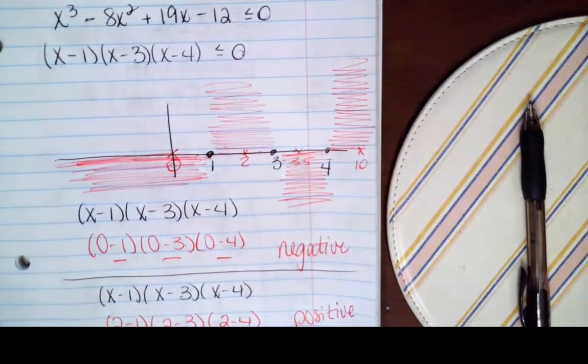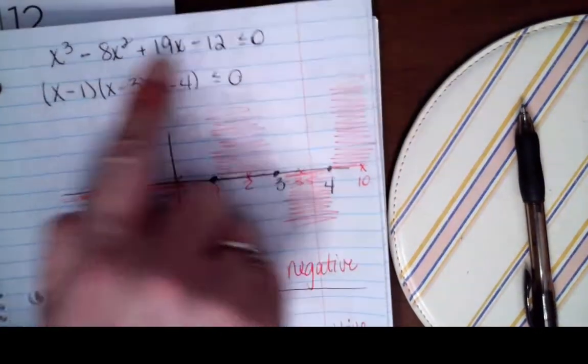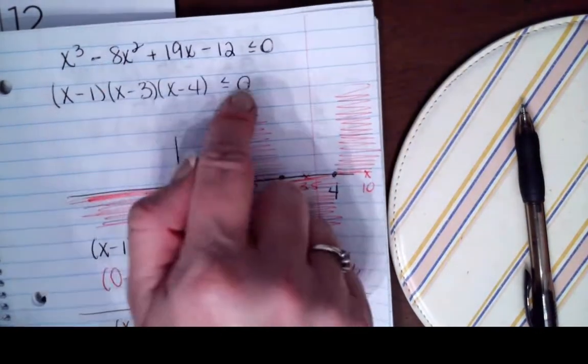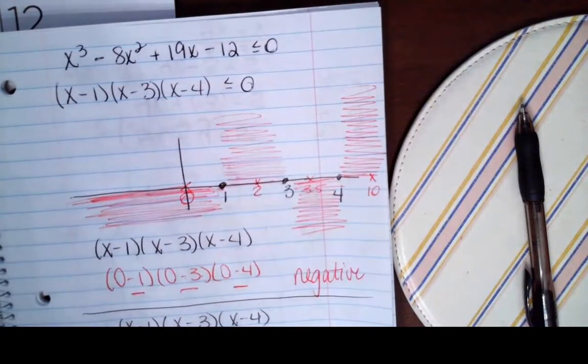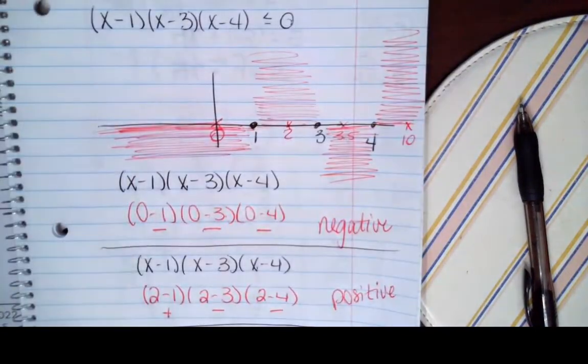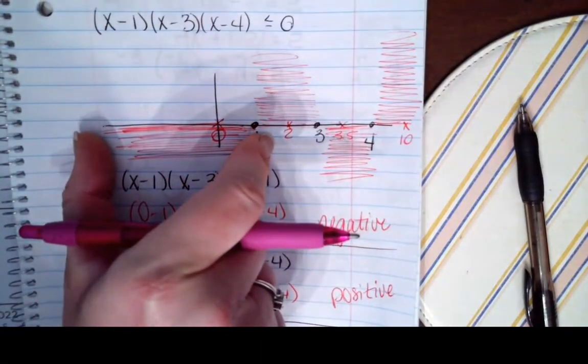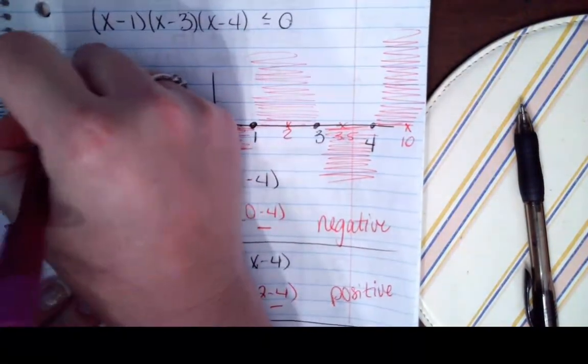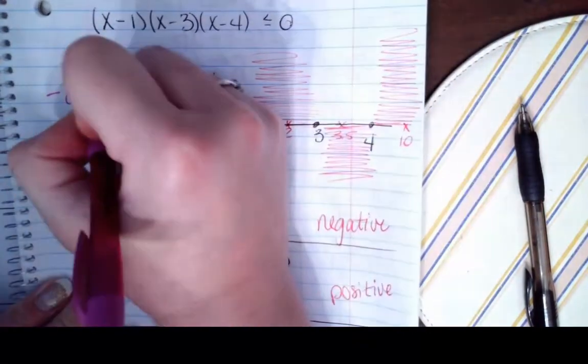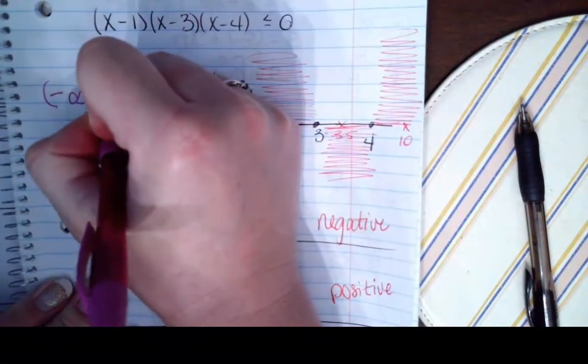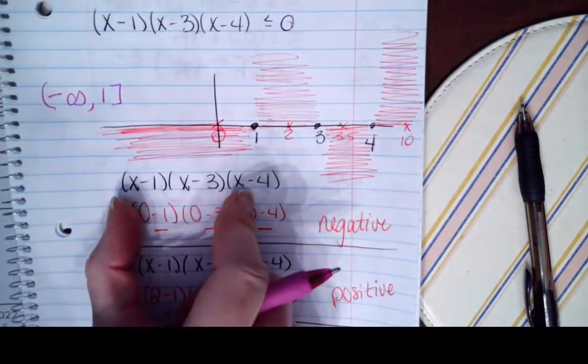So I want to know, where does this thing end up being less than or equal to 0? The or equal to is important because in interval notation you're going to tell me using hard brackets. So from negative infinity to positive 1, I am going to be below the axis.